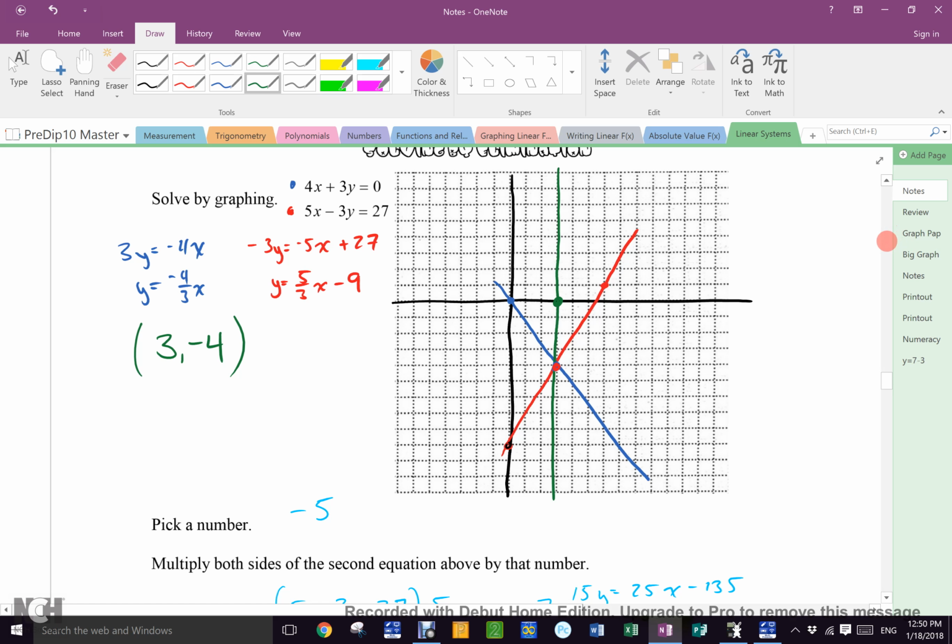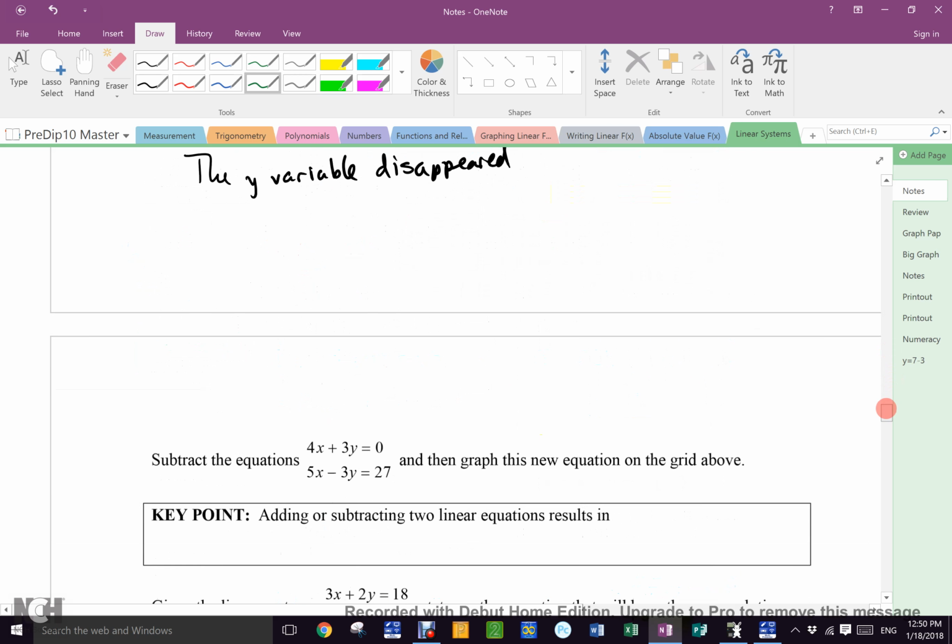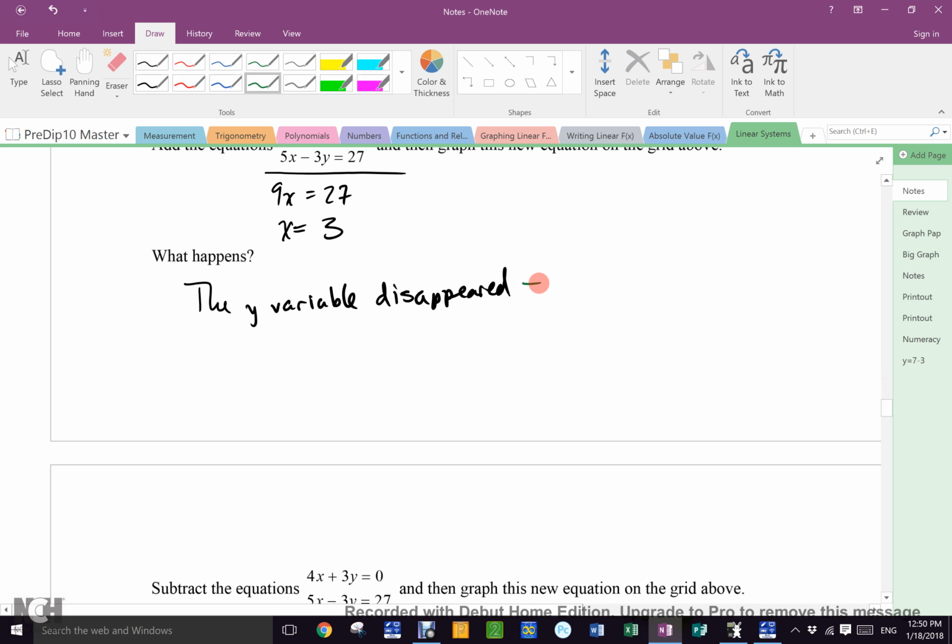What did you miss? The y variable disappears. Then we graphed it. x equals 3. And notice it went through the solution. So what does that tell us?